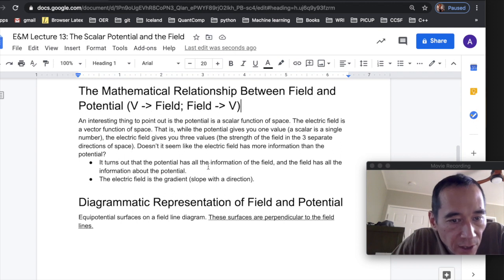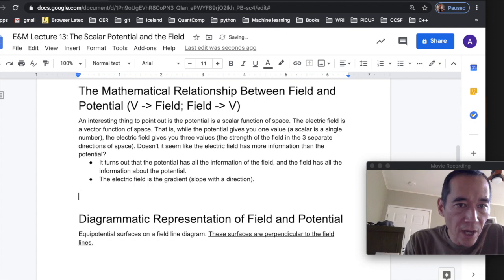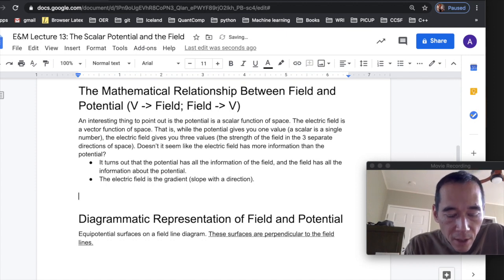Right, so actually, maybe in here, I'm going to add another line. This is the fundamental theorem of calculus.